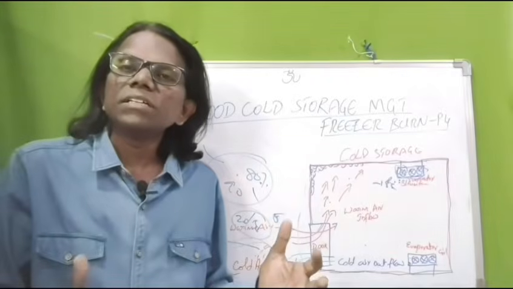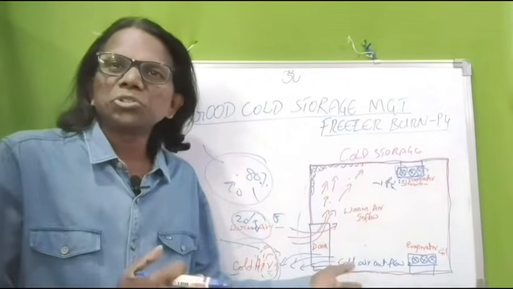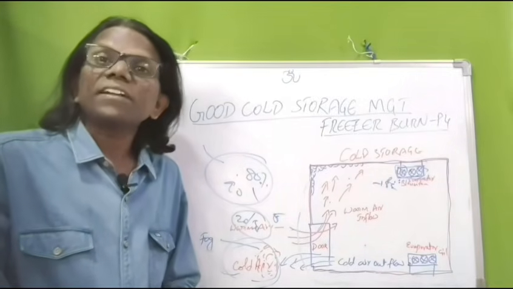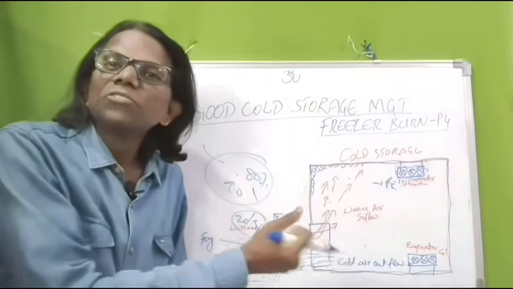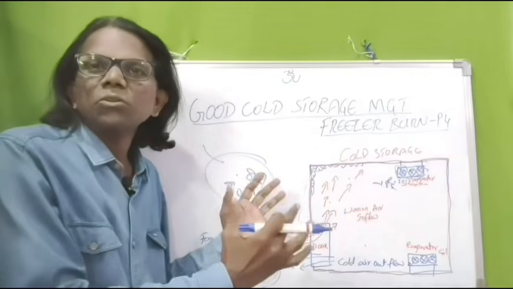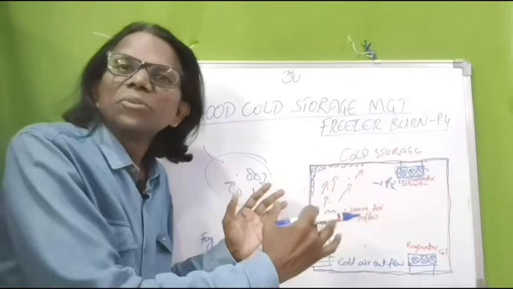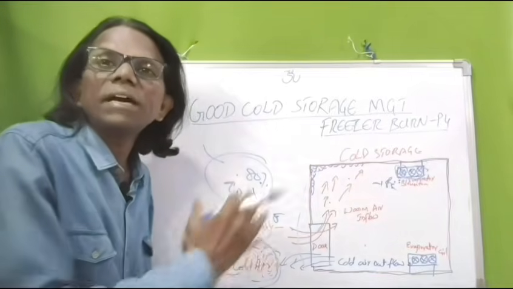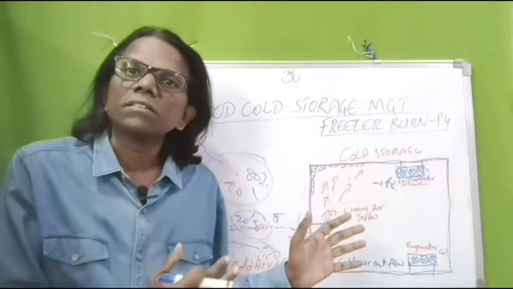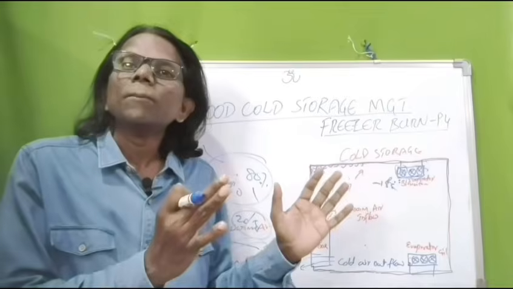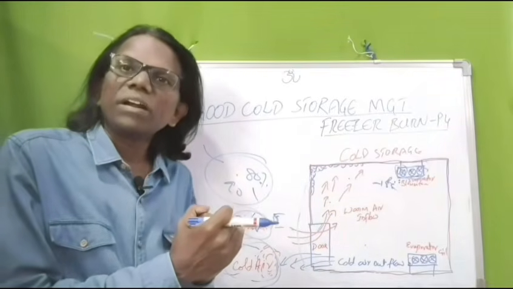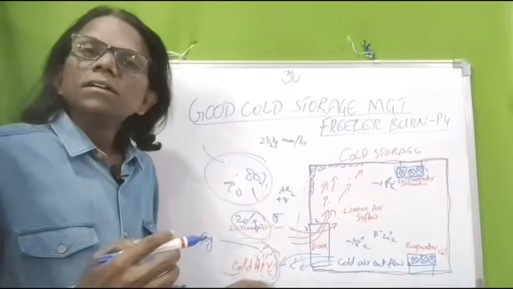If the relative humidity decreases in cold storages, then automatically it will extract the moisture from the frozen products. This is how the relative humidity will influence the shelf life of the product. Even if you are maintaining the temperature at -18 or -22 degrees centigrade, if relative humidity fails to be maintained properly, your product is also susceptible to freezer burn or dehydration.